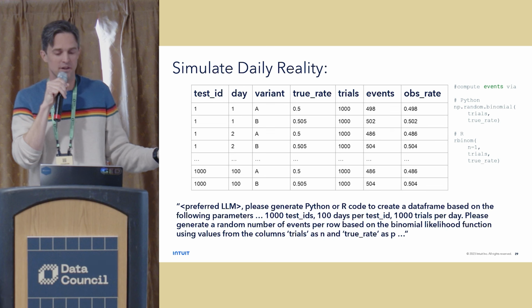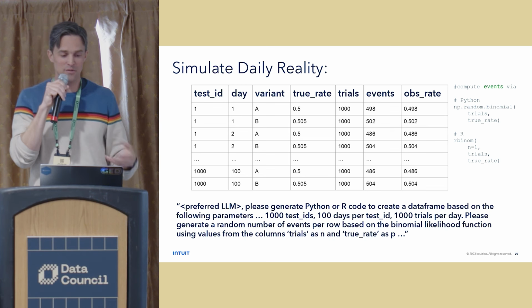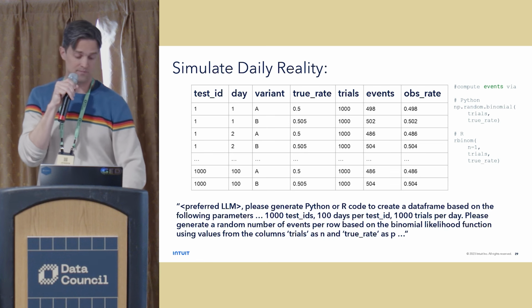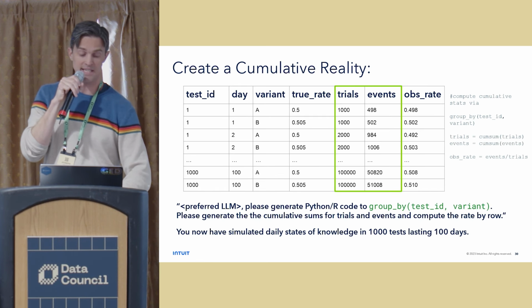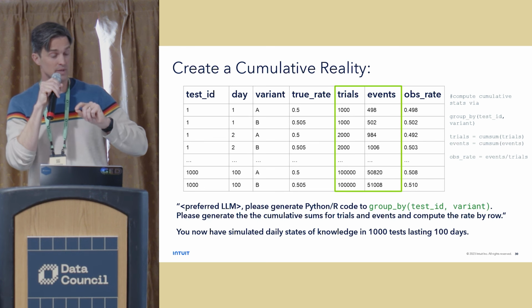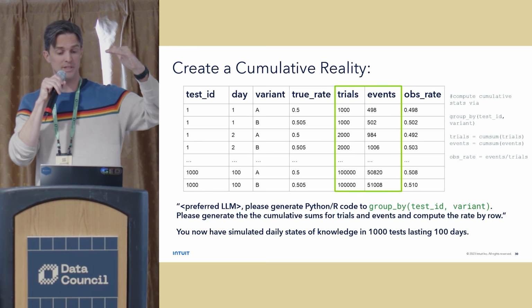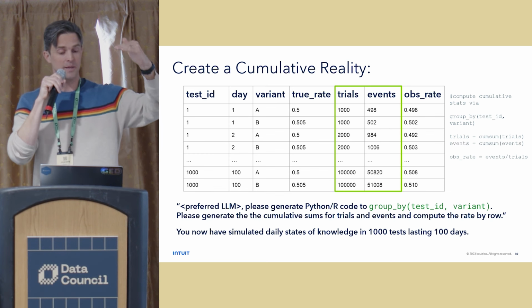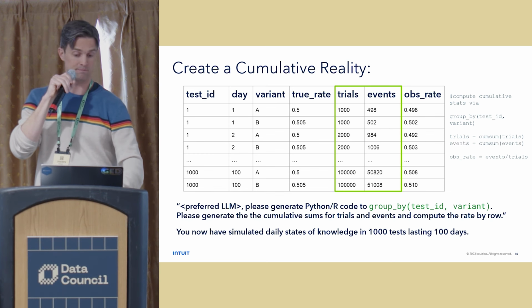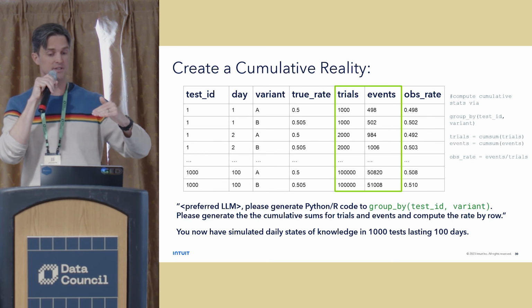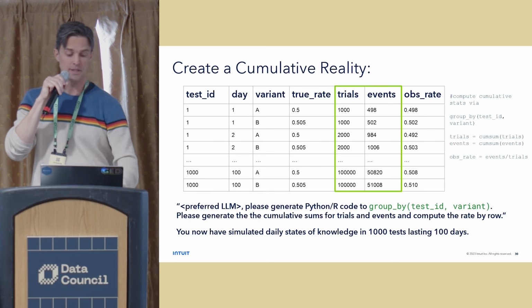I mean, you're just prompting your preferred LLM: please generate Python or R code to create a data frame based on these parameters, and that is going to get you what you need. Okay, so you're going to take that daily reality, and now you're going to turn it into a cumulative reality. Okay, so now you'll notice that my trials aren't 1,000 per day anymore. I am doing a cumulative sum. So I have 1,000 trials on day 1, and then that accumulates to 2,000 trials on day 2.